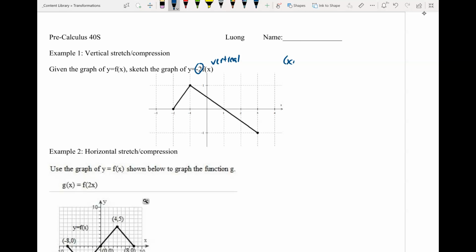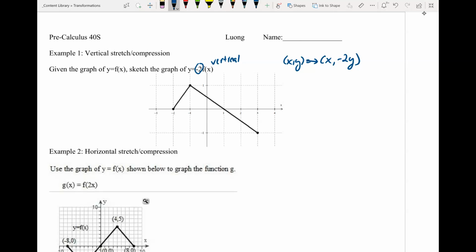If I want to figure out my new x and y value, this is a vertical stretch or compression, so it doesn't affect any of my horizontal places like my x values. My new y value is going to be negative 2 times the old y value.